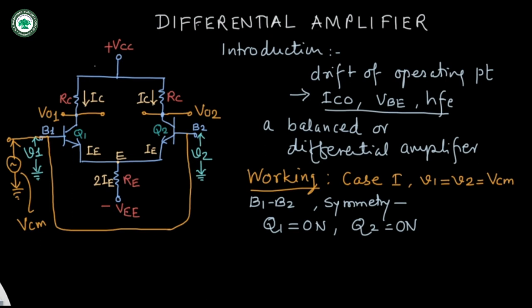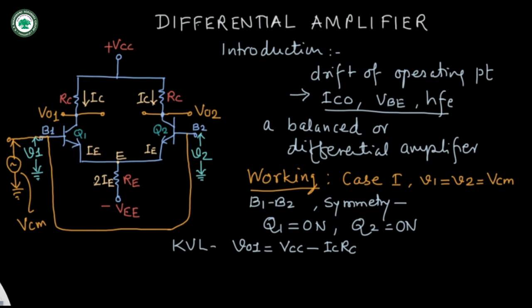So if we consider this output loop or collector loop of Q1 transistor, we can write VO1, that is the output voltage at the collector of Q1 transistor, equal to VCC minus IC RC. This is simply by applying Kirchhoff's voltage law at the output loop.